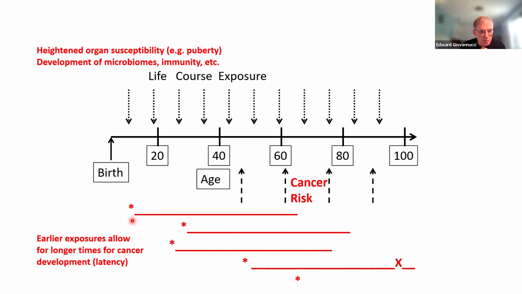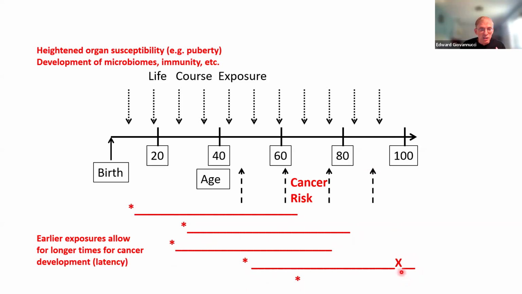So this person happened to get a mutation around age 10 or 15, and then by 60, they develop cancer. So these persons got the same mutation, same process, and they got cancer later. And then the last one is not shown, but I have a couple of cases here where a person got the same initiating mutation and was in the process to cancer, but died at age 90.